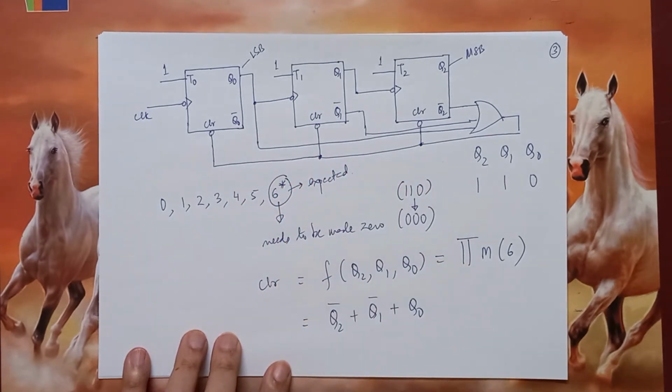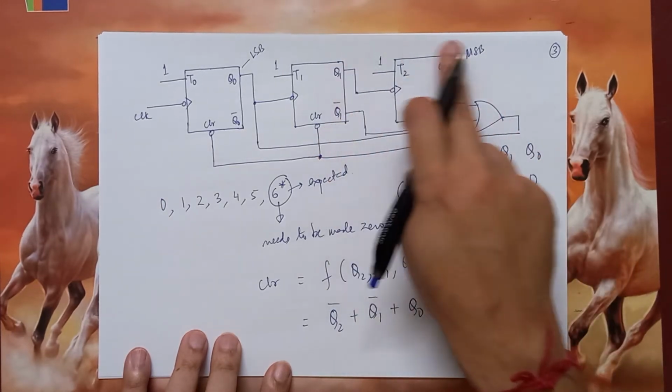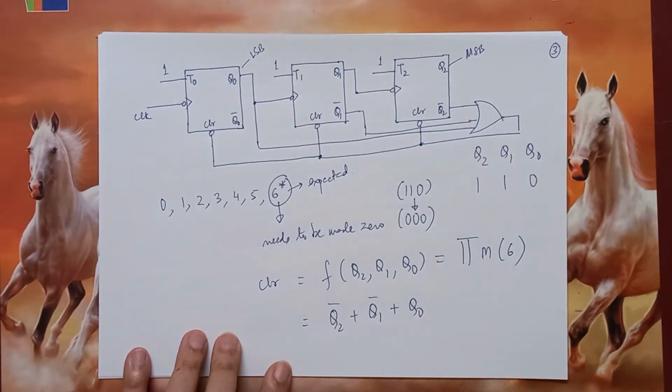That's it. So the moment it becomes clear, all the Q values, Q2, Q1 and Q0, will become 0, 0, 0.